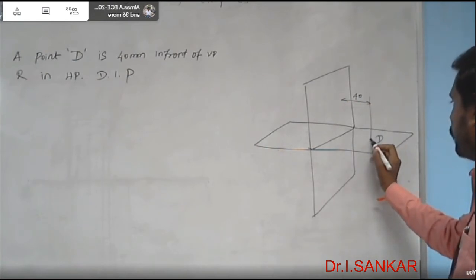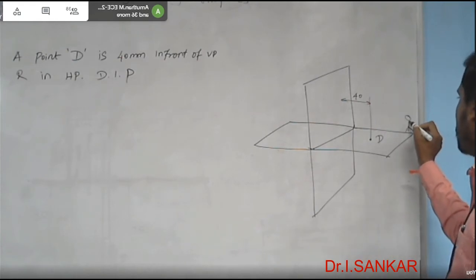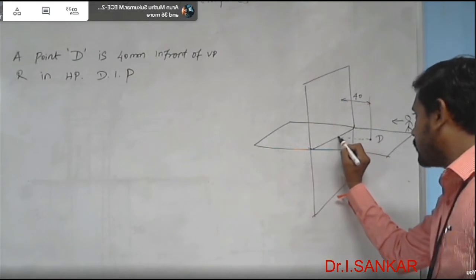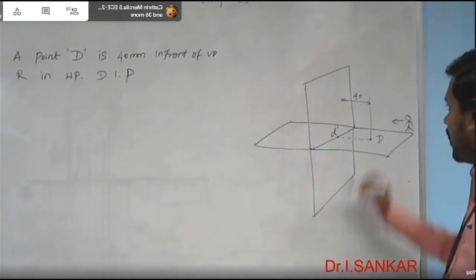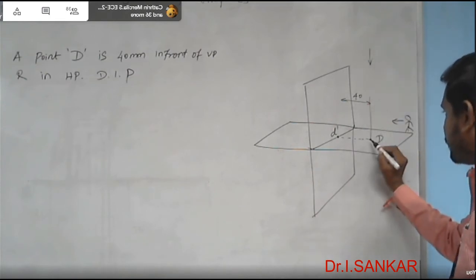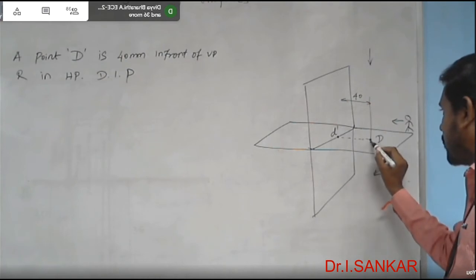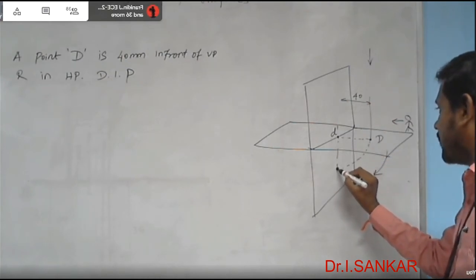So if you see the point from the front, where can you get the front view? Here you can get the front view as D dash. And where can you get the top view? The top view is obtained after rotating the horizontal plane as usual, and it will be obtained here finally.